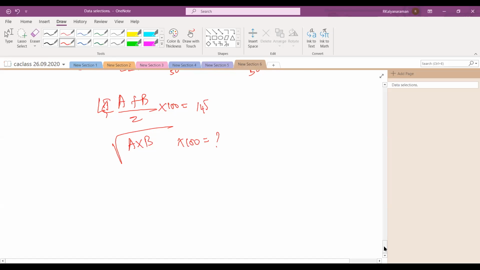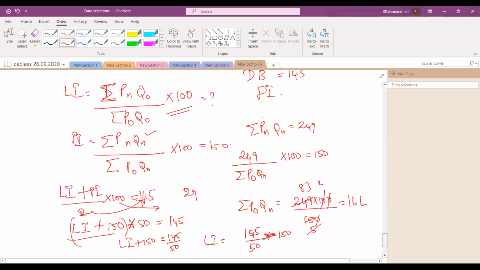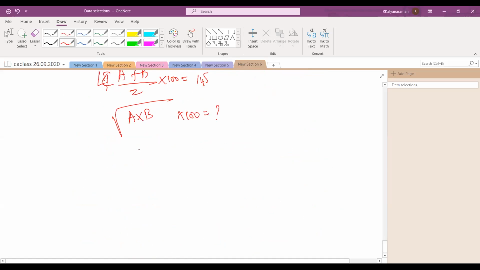And we know the Paasche's index. A is Laspeyres' and B is Paasche's index. So 150 is given there. So we know 150 plus A by 2 into 100. This is 145. So we have to calculate this.